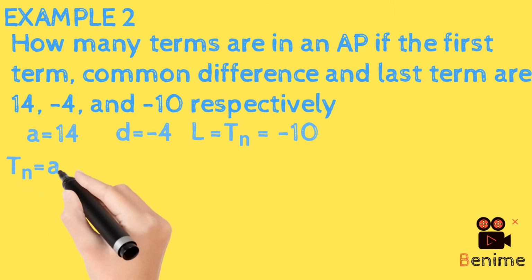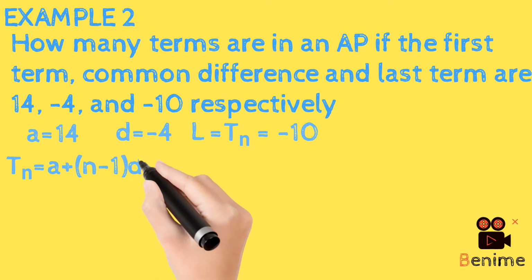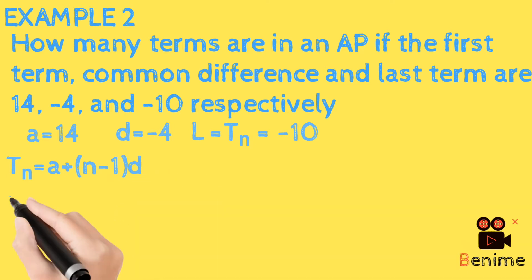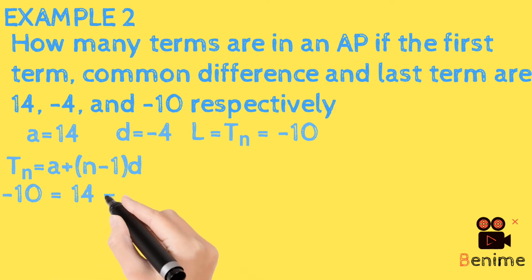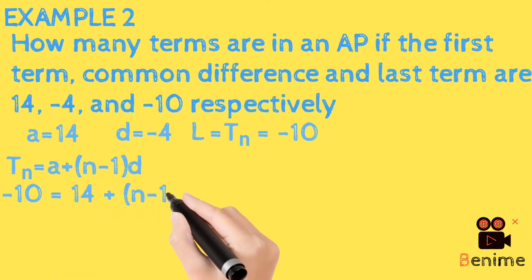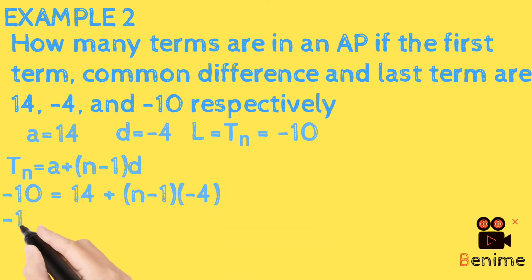So using your AP formula, Tn equal to A plus open bracket n minus 1 close bracket D. Tn is minus 10 equal to A is 14 plus open bracket n minus 1 close bracket D is minus 4. Now I want to expand the bracket.